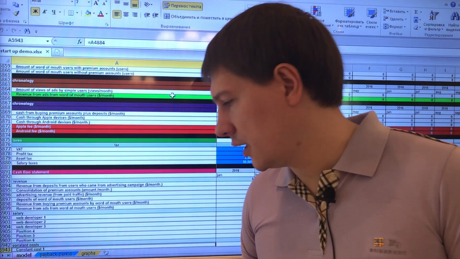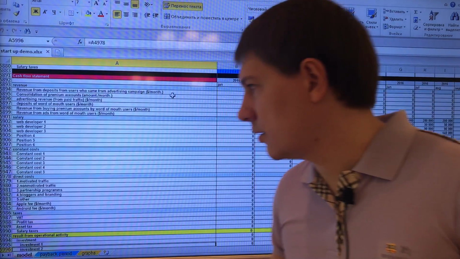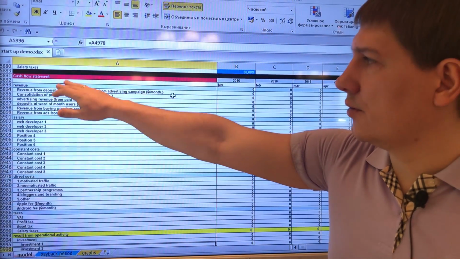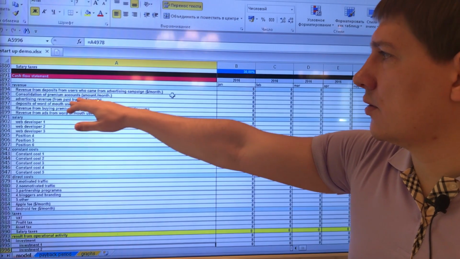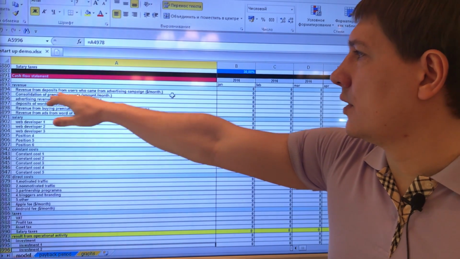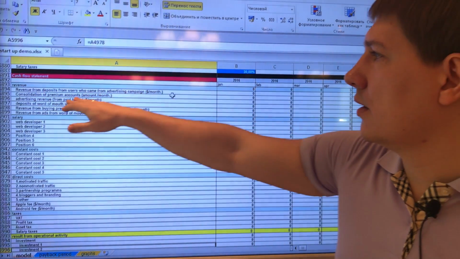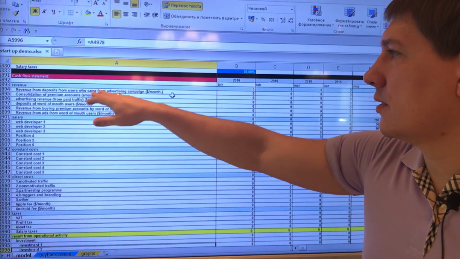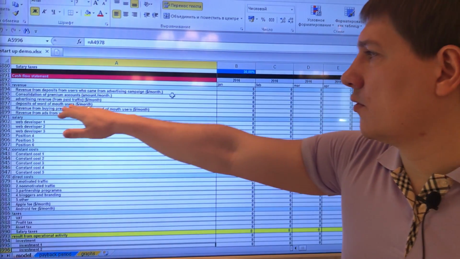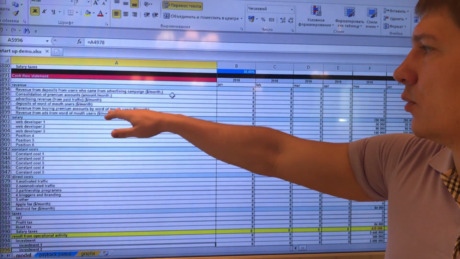Our cash flow statement consists of operational, investment, and financial activity. Our revenue consists of revenue from deposits from users who came from the advertising campaign, premium accounts, advertising revenue, deposits from word-of-mouth users, and revenue from buying premium accounts from word-of-mouth users.